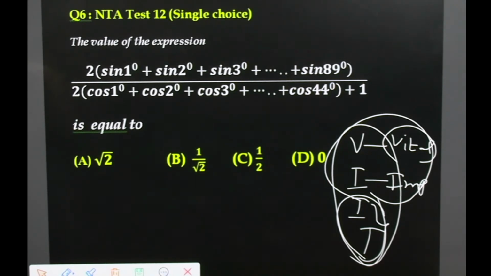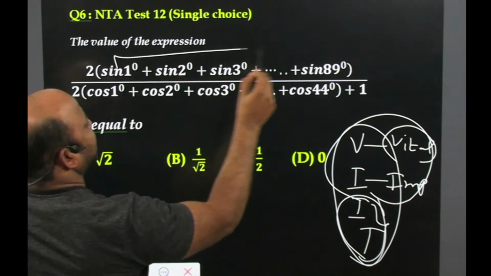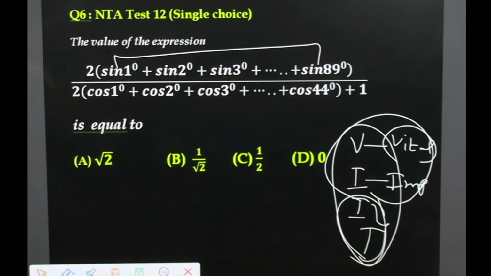Shall I explain? One beautiful concept is there here actually. One method ఏంటంటే, there's a method called sin C plus sin D. That is one method. You know, sin C plus sin D formula.